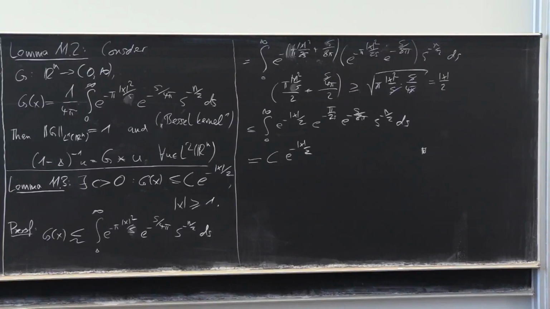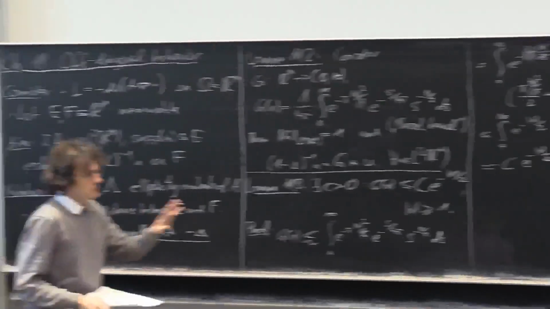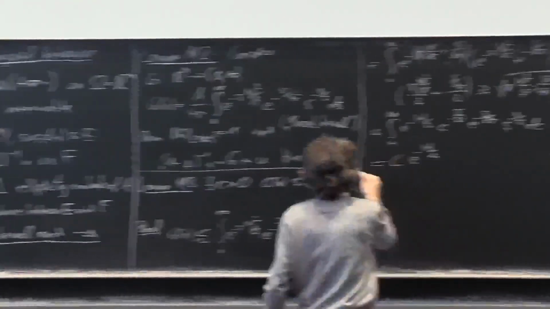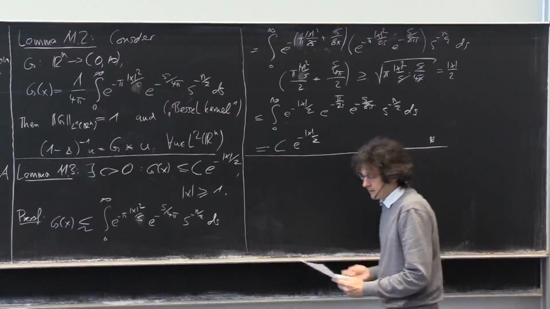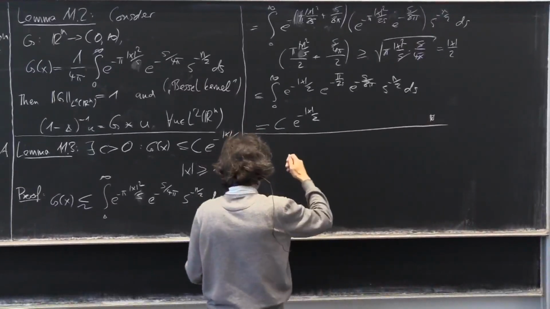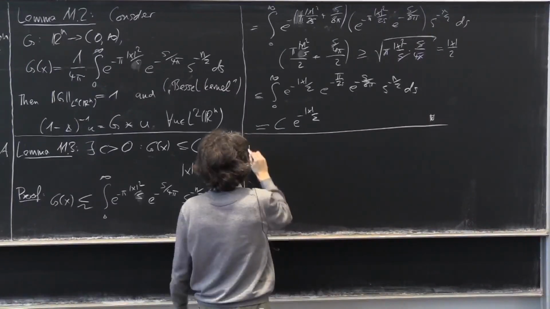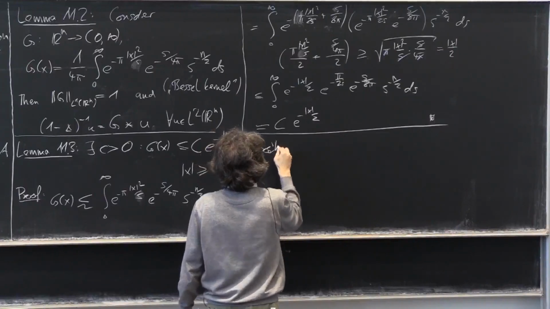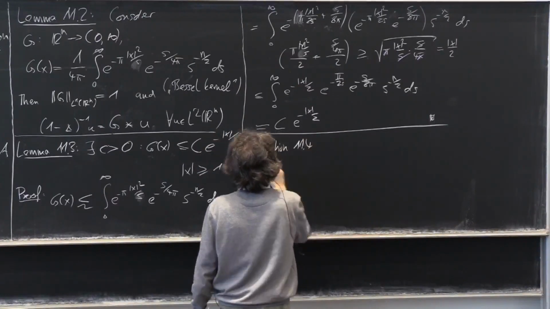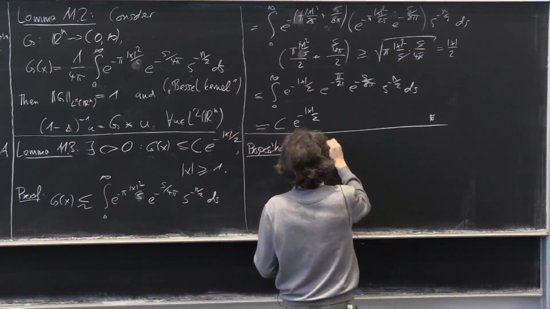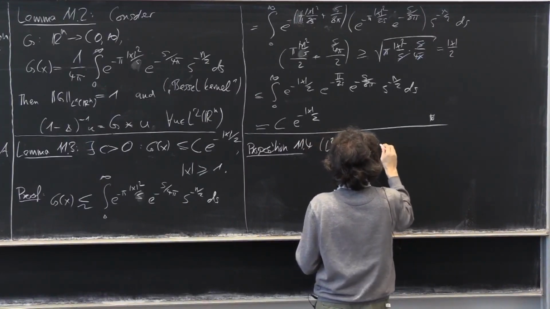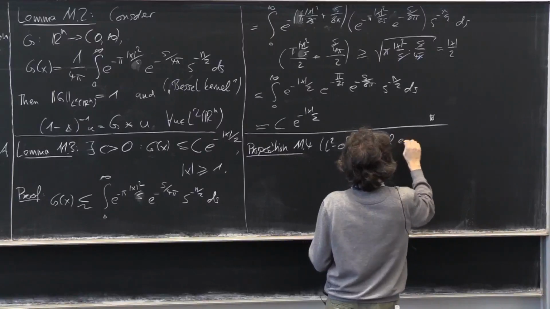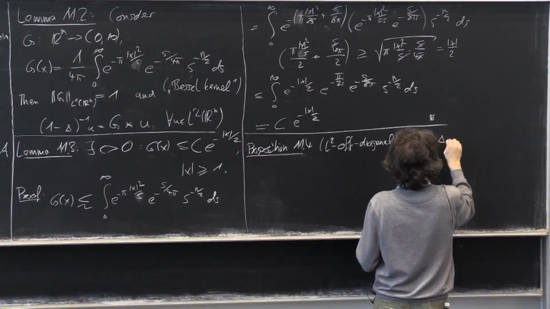And as I showed here, this is what we need to answer this question: what happens if E and F are far apart? Okay, so this leads us to so-called L2 off-diagonal estimates for the negative Laplacian.